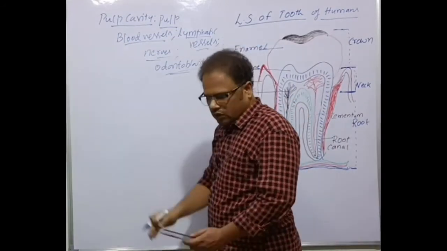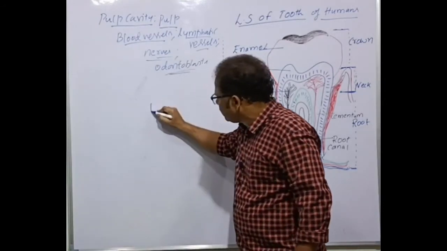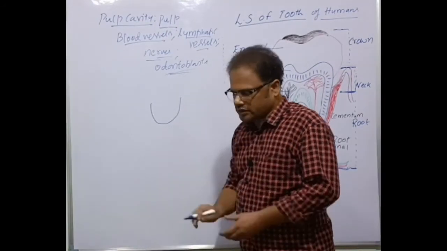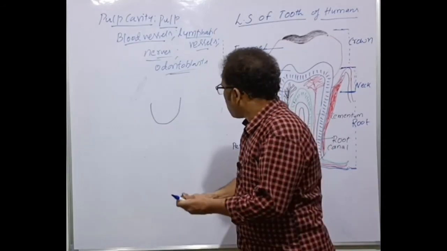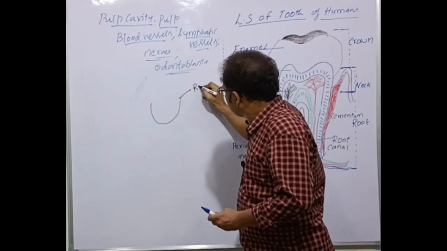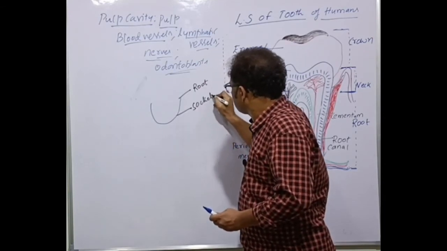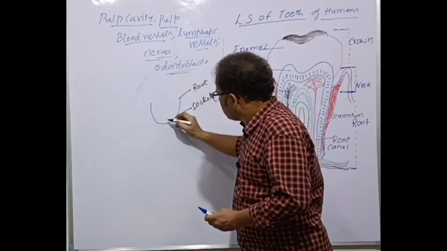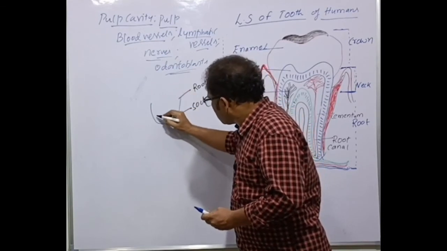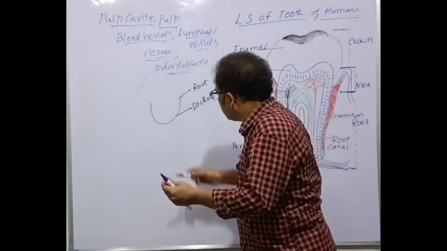Before discussing the root part, let's have a small glance at the socket. This is a socket, and this is a root. Here is a very important structure called the periodontal membrane.